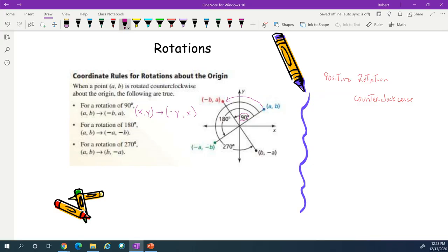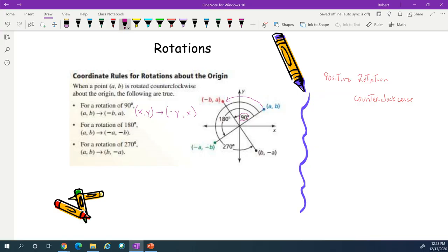Now, that's no big deal. That is what we're being asked to do. You can see the three rotations there, a positive 90, a positive 180, and a positive 270. Now that 180 should look kind of familiar. It's similar to something that we've done in the past. But again, every transformation has its own rule, and you want to make sure that you're following the correct rule.